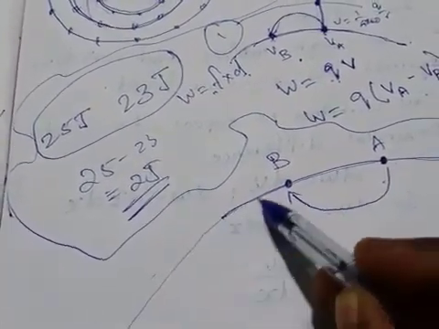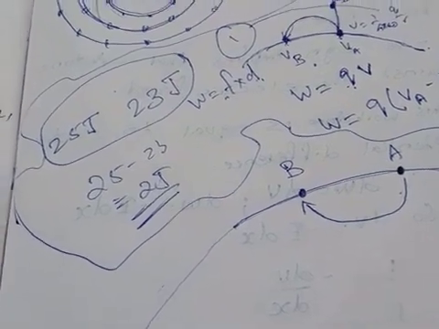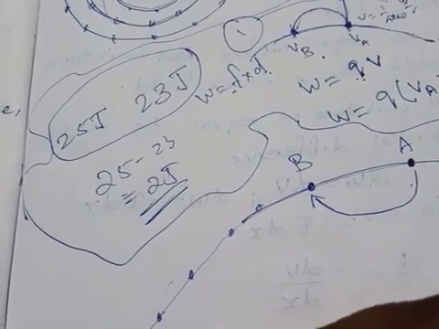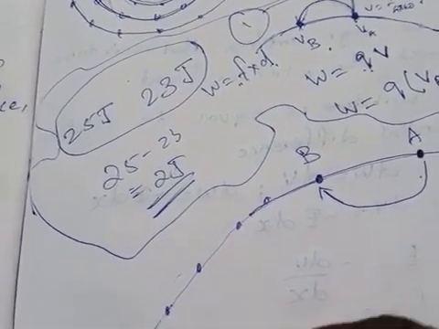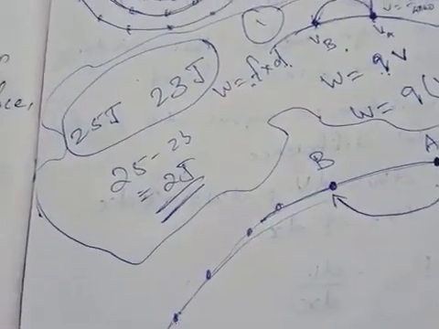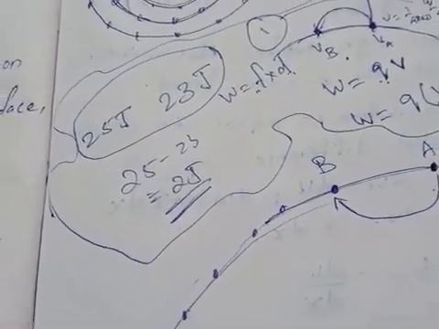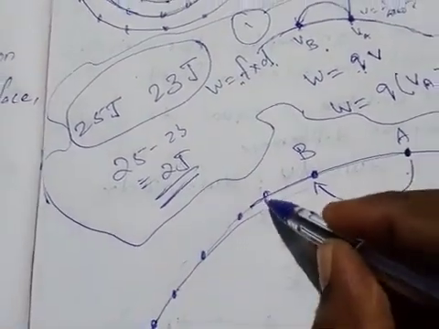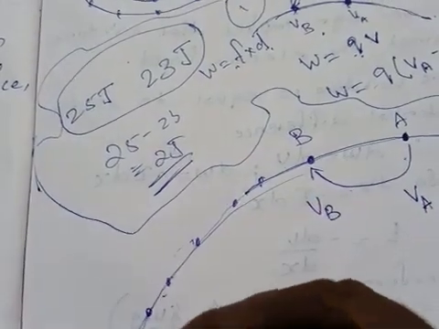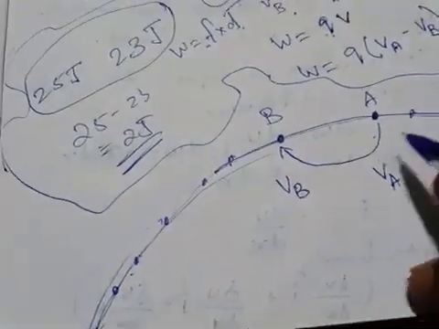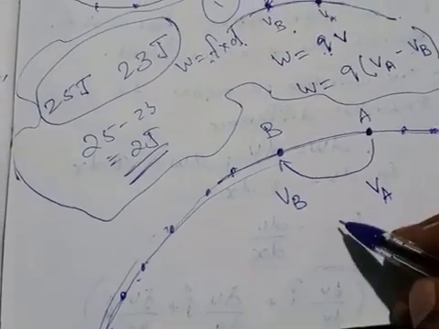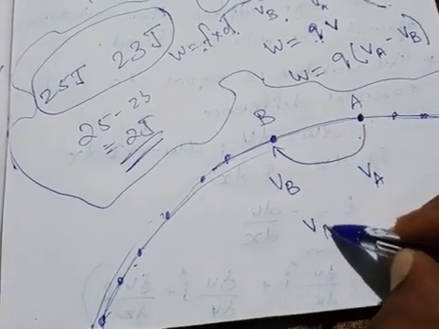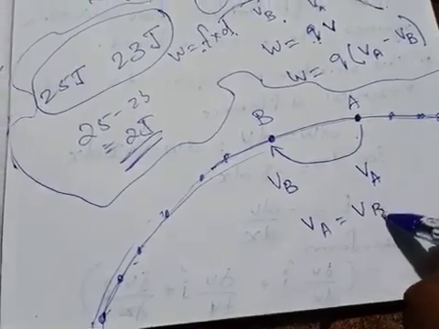All these points on an equipotential surface, the potential will be the same. So if you take the potential at A, VA, at B, at C, D, E, F, all on the same surface, the potential is the same, isn't it? So VA is equal to VB.